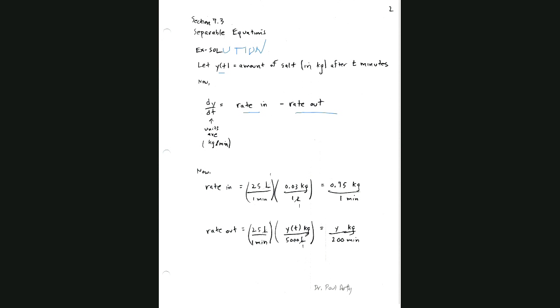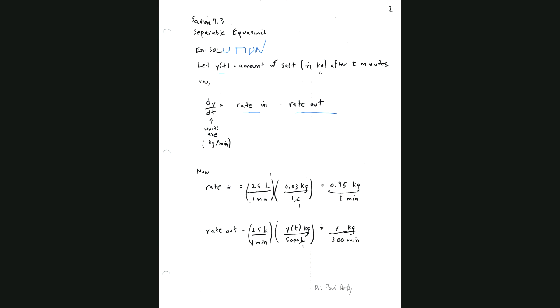All right, so again, the reason the concentration is y of t over 5,000 is that when the liquid leaves the tank, the amount of salt at that time is what y of t is.